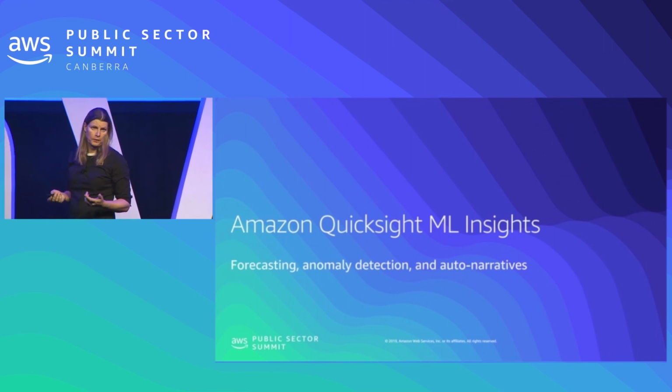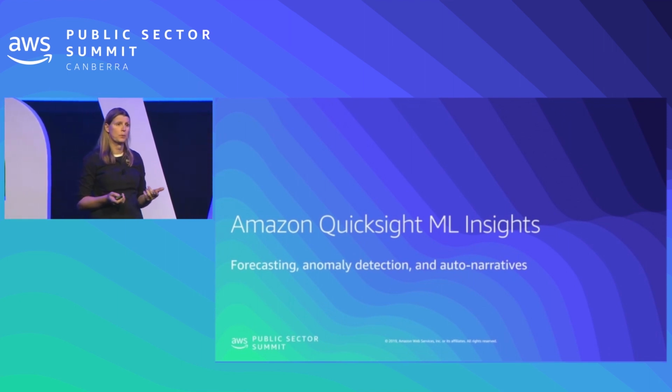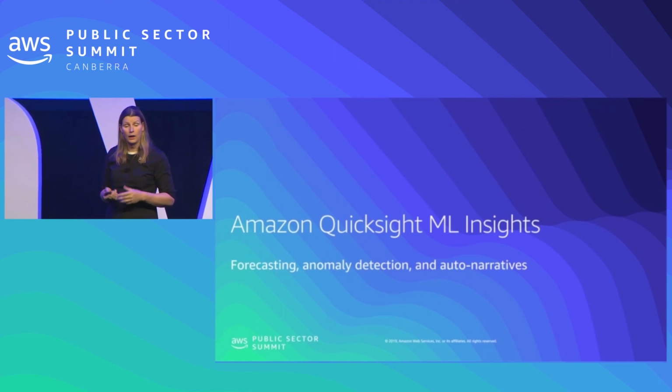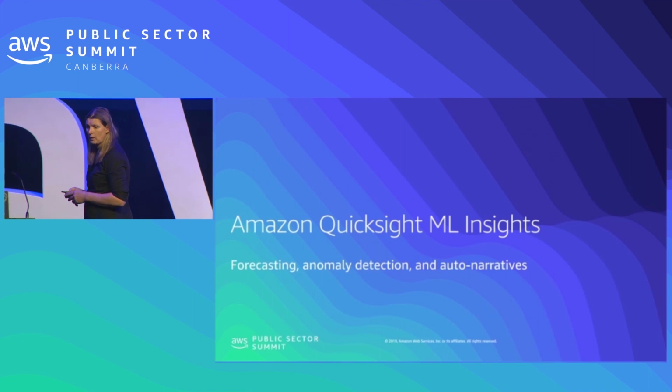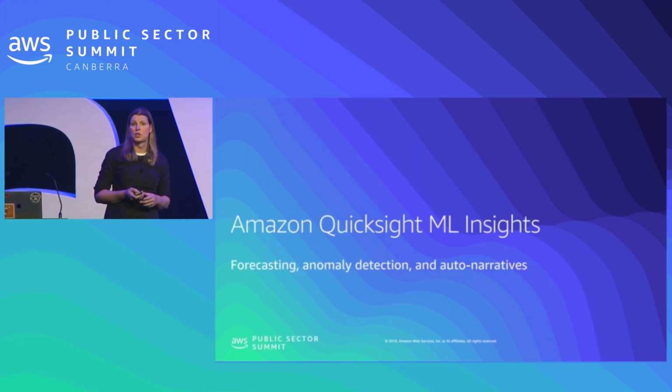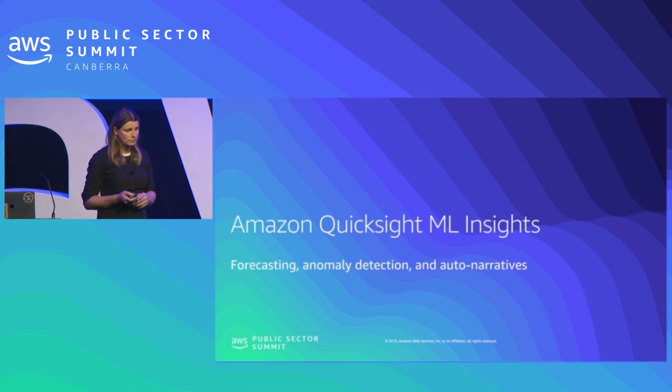Rio Tinto, for example, have created a lot of dashboards for critical risk management systems using QuickSight. And what it allows them to do, because of the extremely low cost, is scale these dashboards to more end users and only pay for what they use. But what QuickSight's recently done this year is introduced some machine learning capabilities built in.